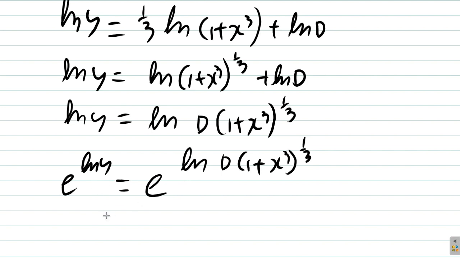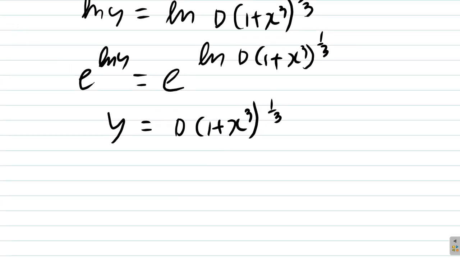So e to the ln y is y. And e to the ln of all of this is just all of this: d times 1 plus x cubed to the 1/3. Now, let's get rid of this 1/3 business. Suppose we raise everything to the power of 3.